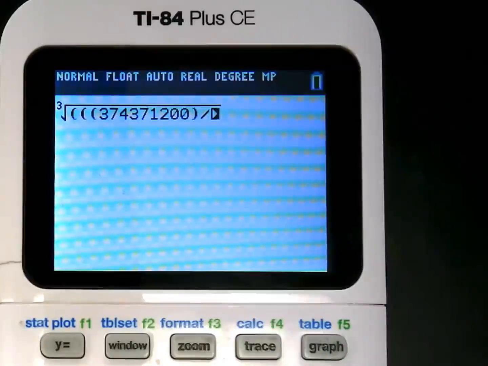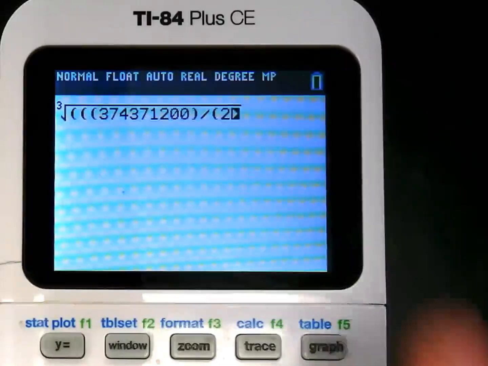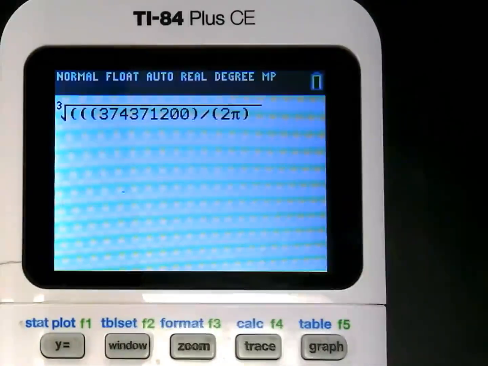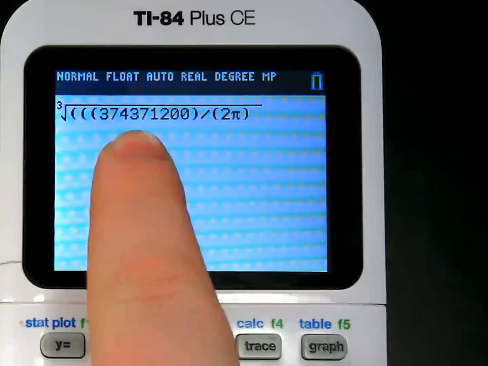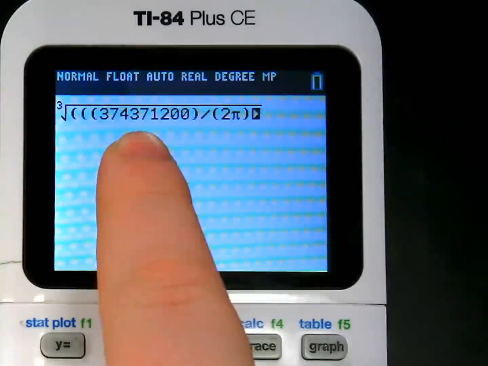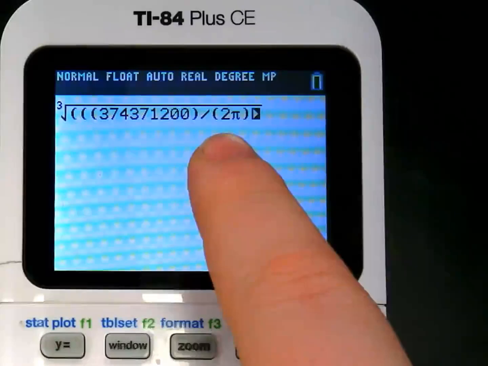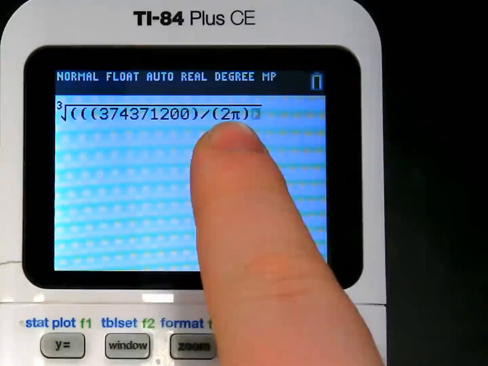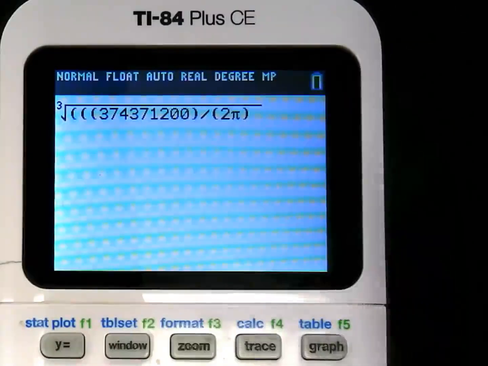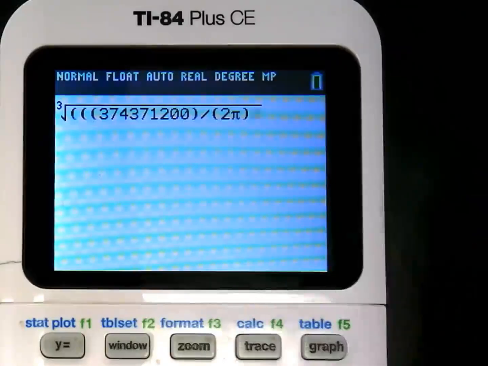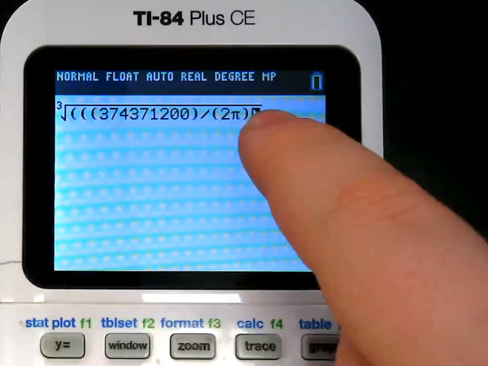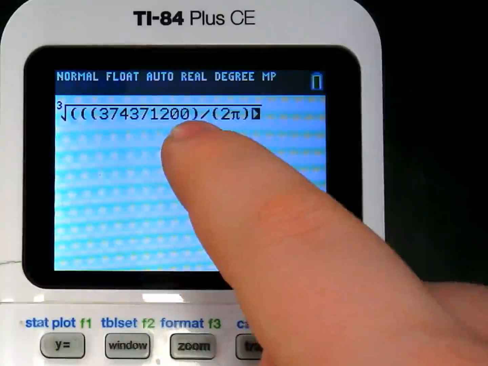This is where we made the mistake, including me. The 2 pi has to be in parentheses. Okay, the 2 pi has to be in the parentheses. For whatever reason, and I don't know why, even if I keep this number in its own parentheses, it still divides this number by the 2 first, and then multiplies by the pi, rather than multiplying 2 pi and then dividing.